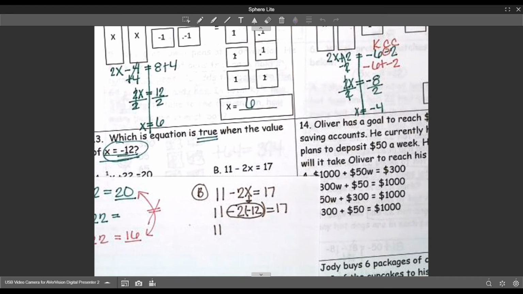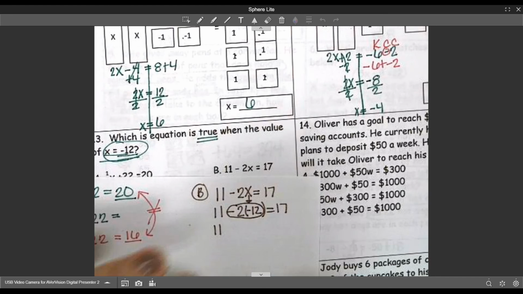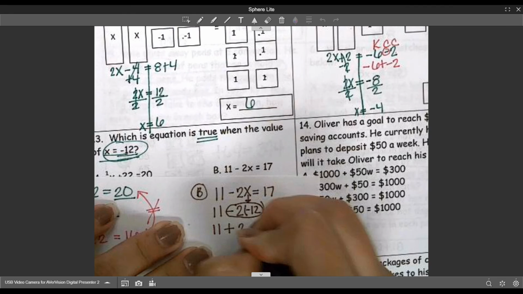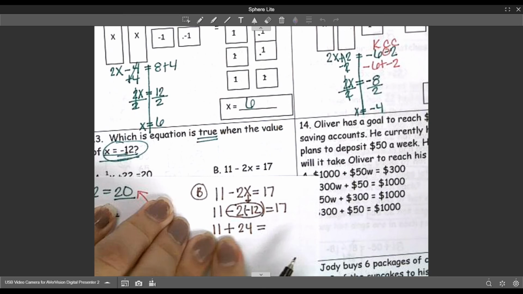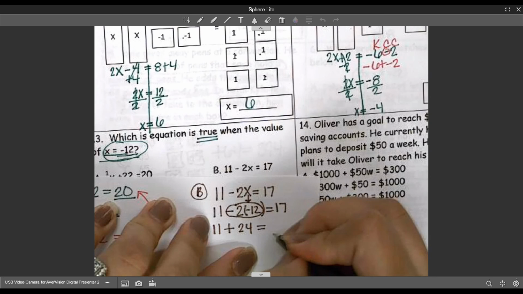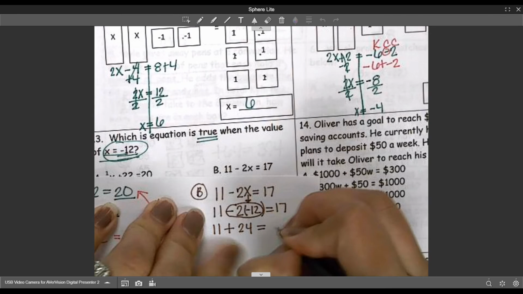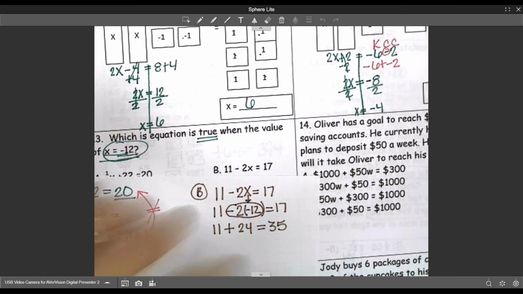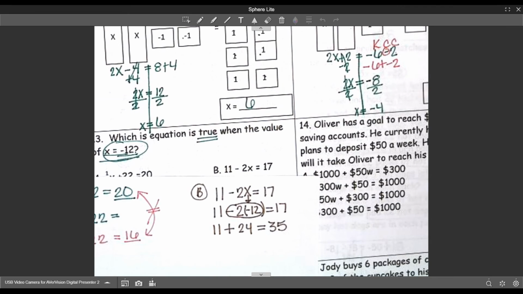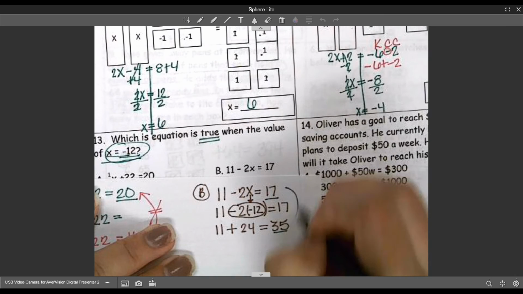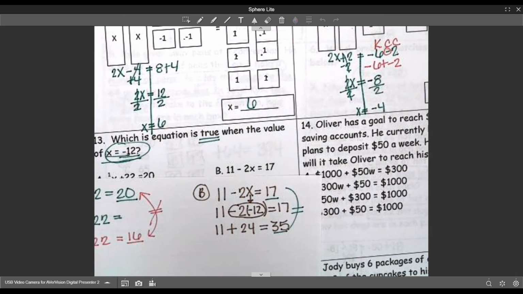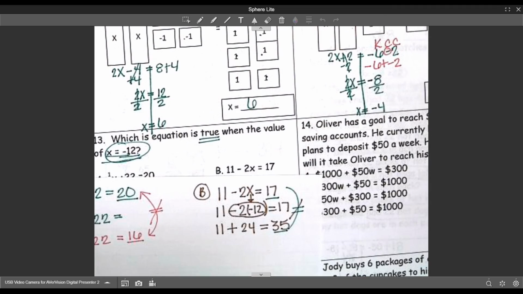Negative 2 times negative 12 is positive 24. 11 plus 24 gives me 35. Did I get, or are these two numbers equal to each other? No. So then that's not the answer.